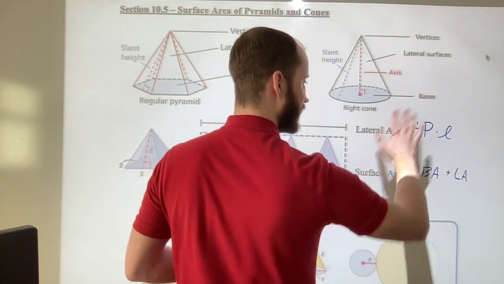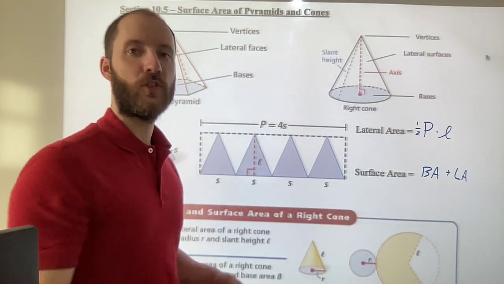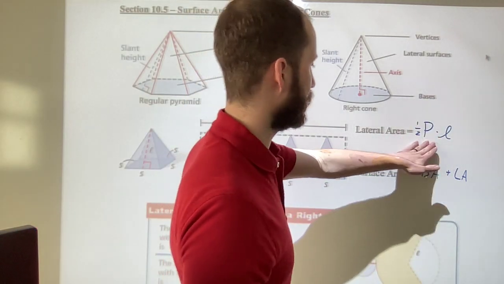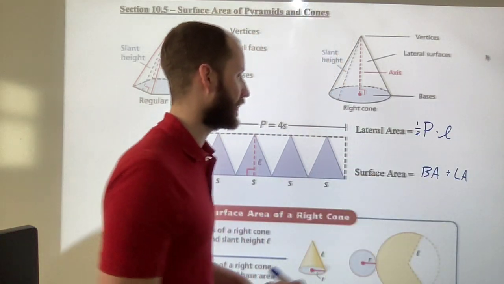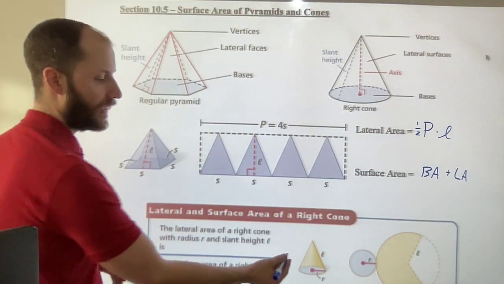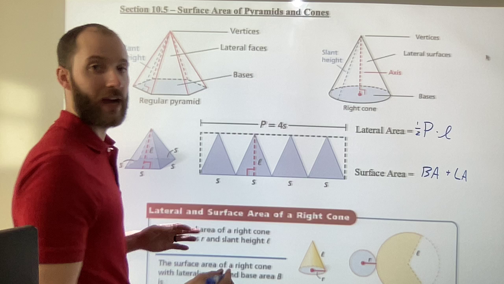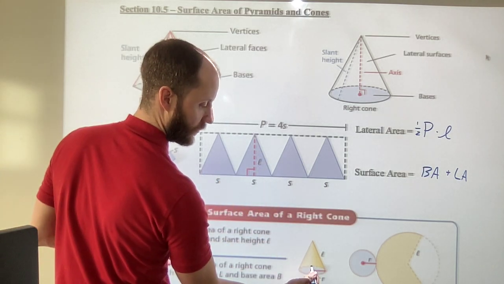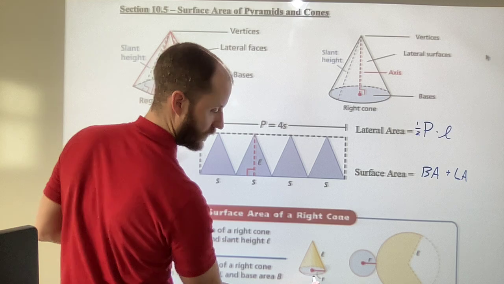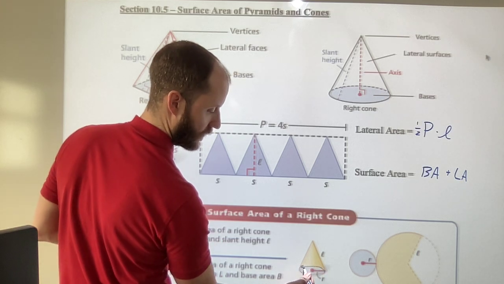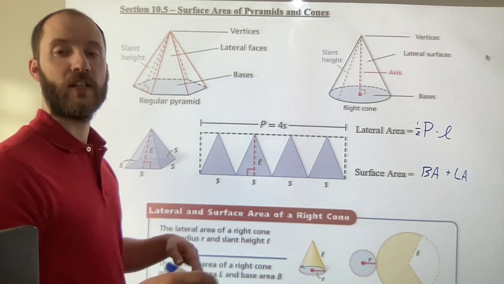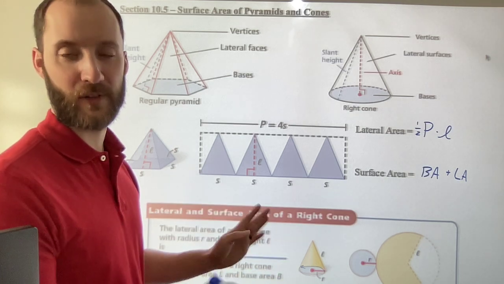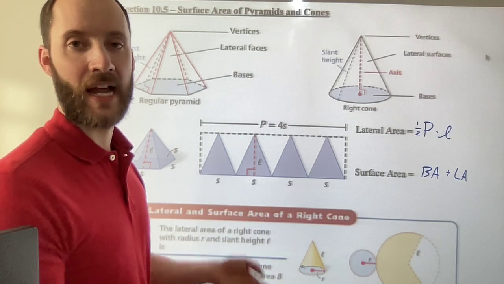So to take these and generalize them to cones, 1/2 perimeter times slant height. Now the distance around the outside of a circle, the perimeter of a circle, again we call that circumference, 2 pi r, but we only want half of that, so 1 pi r.